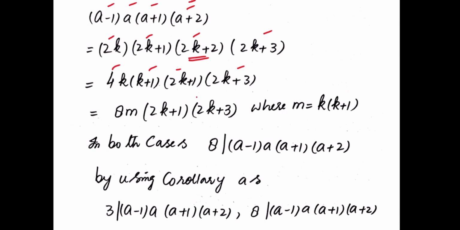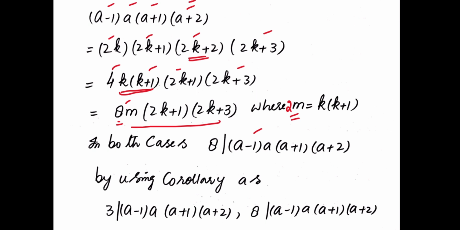Again, k into k plus 1 is the product of two consecutive integers, so it will be equal to 2m. So replacing k into k plus 1 with 2m, this becomes 8m. Clearly this number is a multiple of 8, hence 8 divides the product of 4 consecutive integers in both cases.